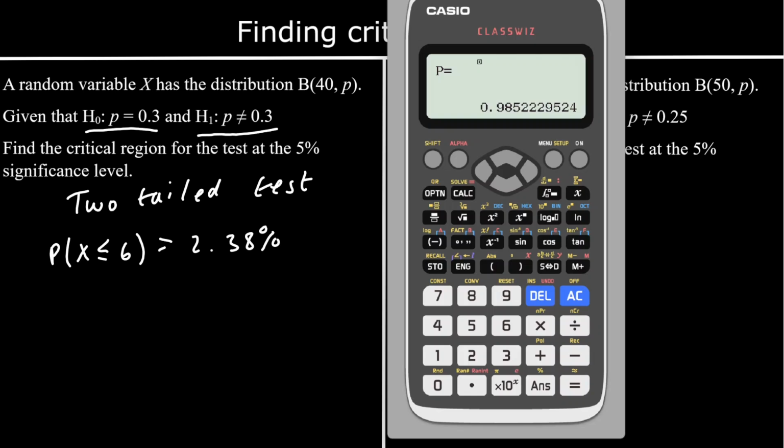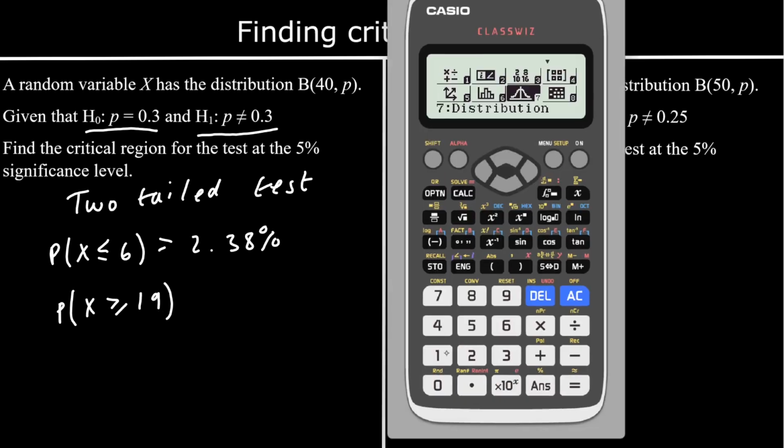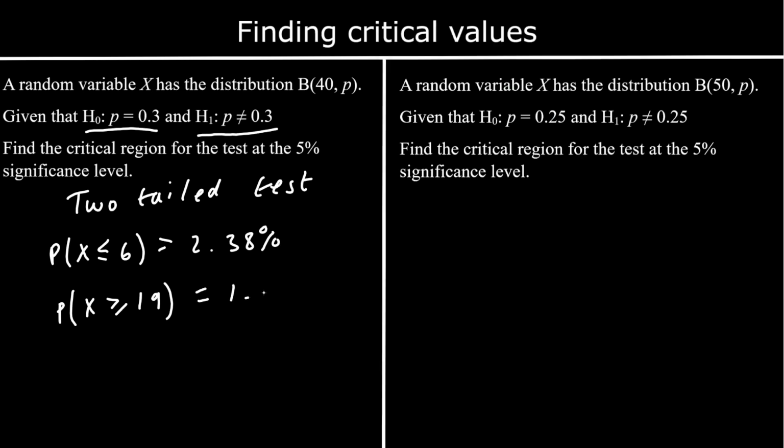So the probability of 19 or more, X greater than or equal to 19, is going to be 1 minus our answer. And I'll times it by 100. So 1.48%. So the critical region is anything from 1 to 6 and anything from 19 to 40.